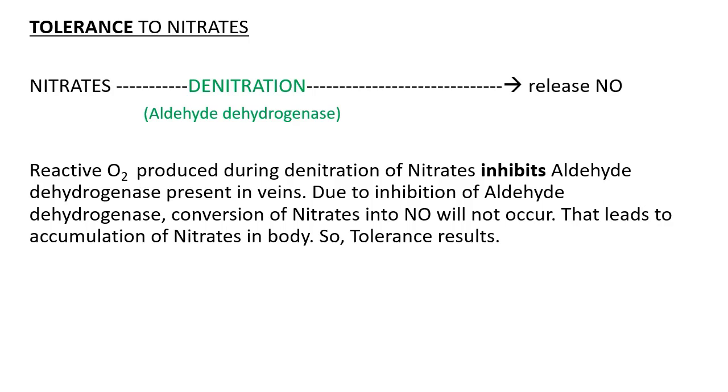Reactive oxygen inhibits aldehyde dehydrogenase present in veins. Due to inhibition of aldehyde dehydrogenase, conversion of nitrates into nitric oxide will not occur, and that leads to accumulation of nitrates in body. So the result is tolerance.